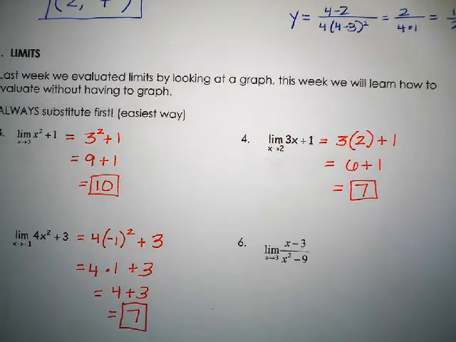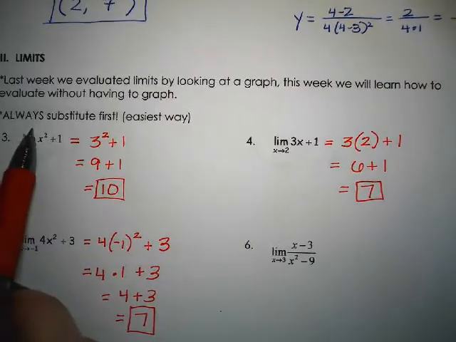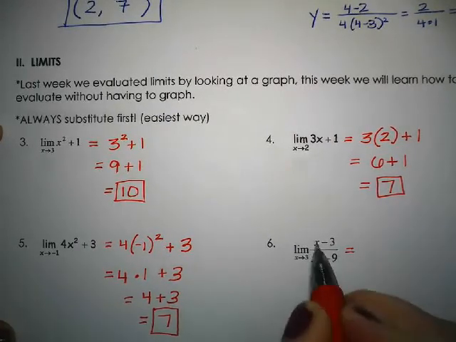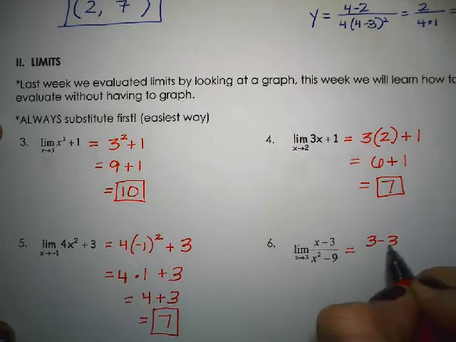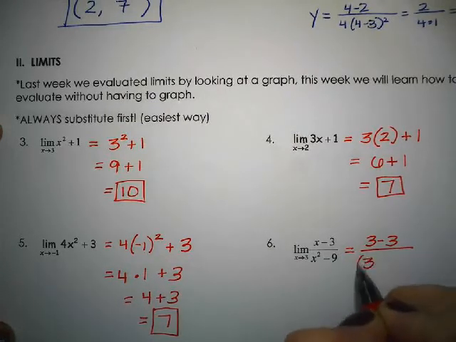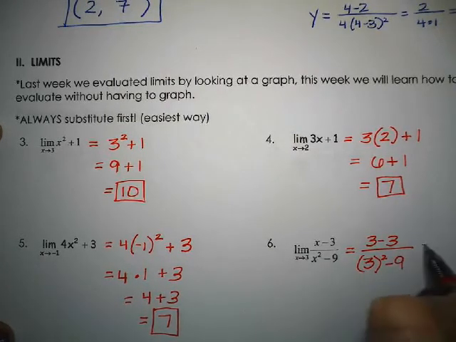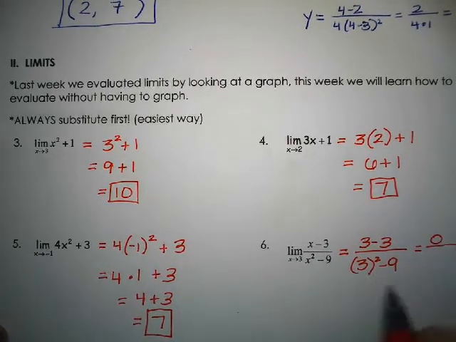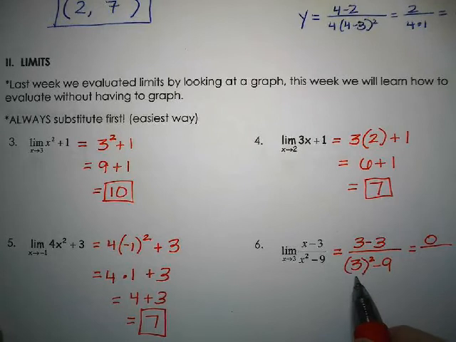Okay, let's try number 6. Always substitute first. That's what our directions say. So let's imagine that we're going to substitute 3 in. 3 minus 3 over 3 squared minus 9. I'm noticing up in the numerator I'm getting a 0. The denominator I'm also getting a 0. 9 minus 9 is 0.